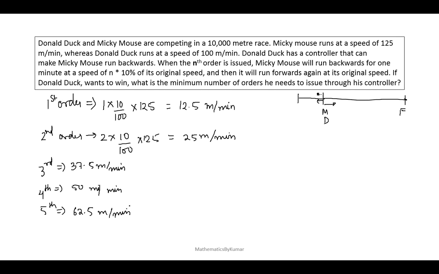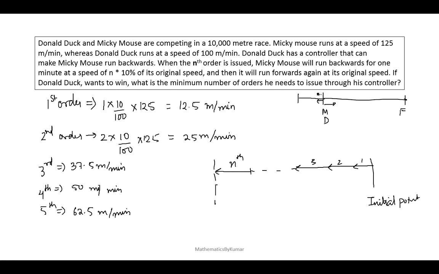Now see, we need to get rid of Mickey for 20 minutes. Let's again see this as an initial point. After every minute Mickey is going back, and this distance is increasing. Let's say this is the first order, this is the second order, this is the third order, and this is the point where the nth, or the last, order is issued.